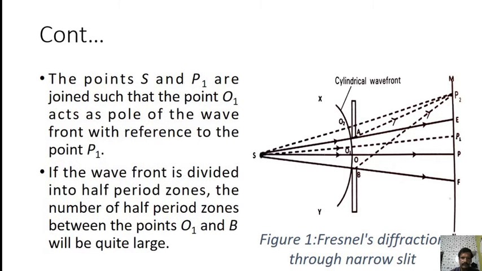The points S and P1 are joined such that the point O1 acts as pole of the wavefront with reference to the point P1. If the wavefront is divided into half-period zones, the number of half-period zones between the point O1 and B will be quite large.